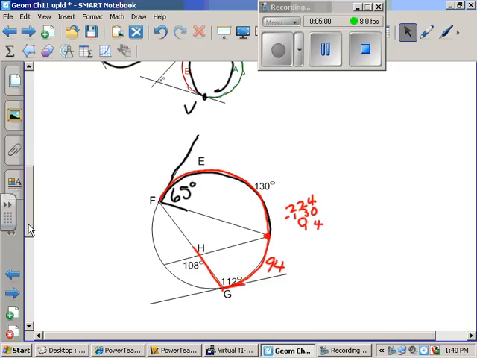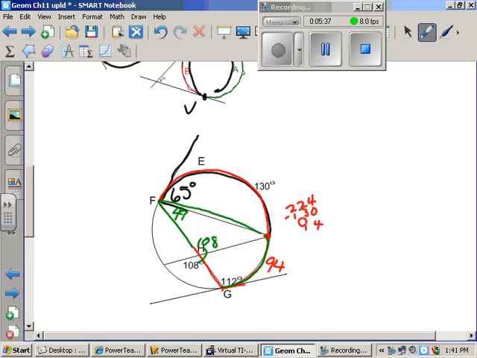Again it's just puzzle pieces. As things come to light, I can follow other angles. I've got this intercepted arc here, which brings me to the inscribed angle that's intercepting it. That angle is half the measure of the arc. Half of 94 is 47, so that angle there is 47. This angle is 108 because these are vertical angles.